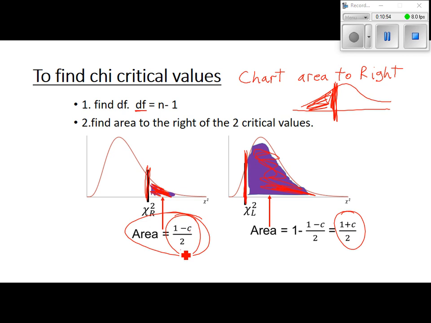We use this one to help us find the left critical value, we use that one. Give you a second so that you can copy that down. Those two formulas, make sure you got them.